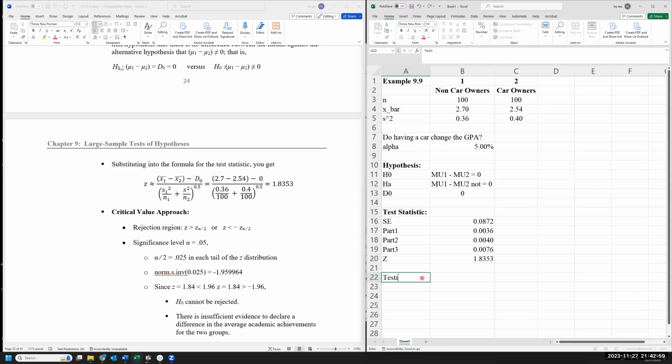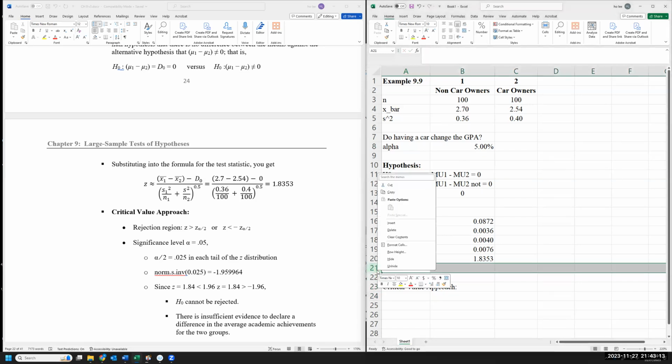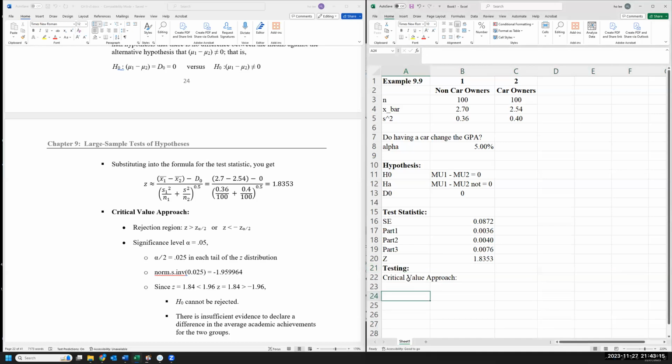The testing we could do in 2 different ways. We could do the critical value approach, and we could also do the p-value approach. To do the critical value approach, we're going to compare the test statistic with the critical value that creates a right tail of alpha.